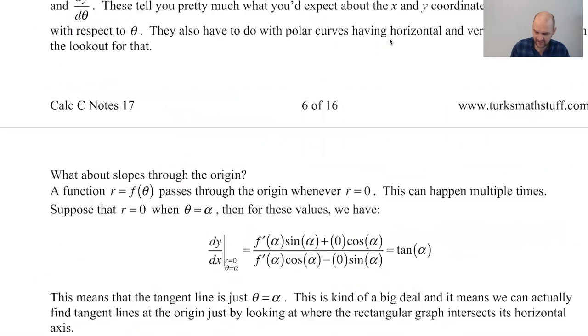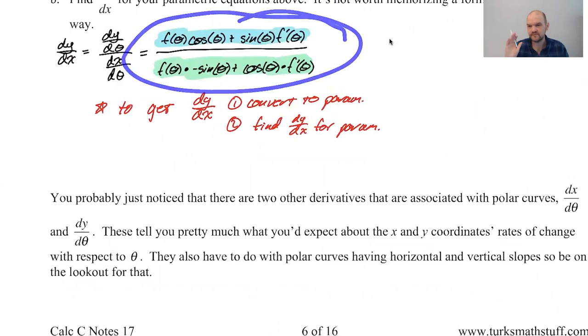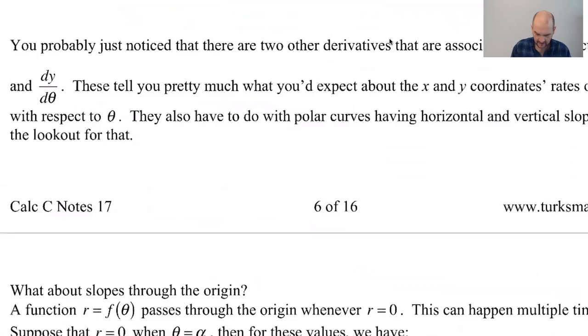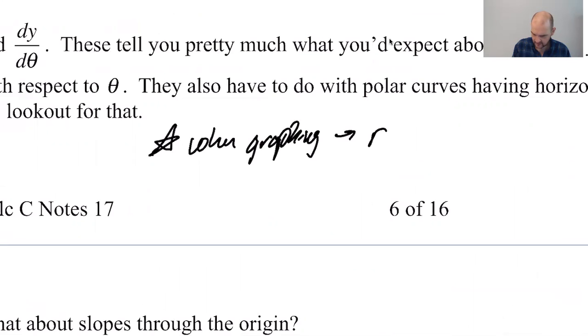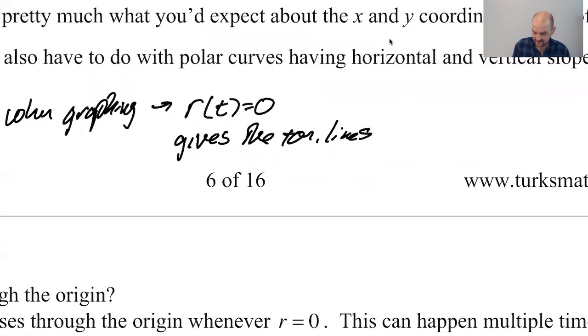So we had this really general formula that we arrived at up here. We have said multiple times when we are graphing that r of t equals 0 gives the tangent lines at the origin, so we dot in the tangent lines.